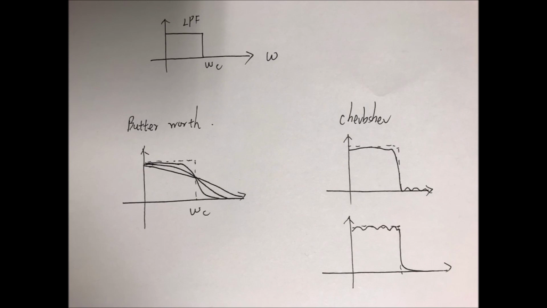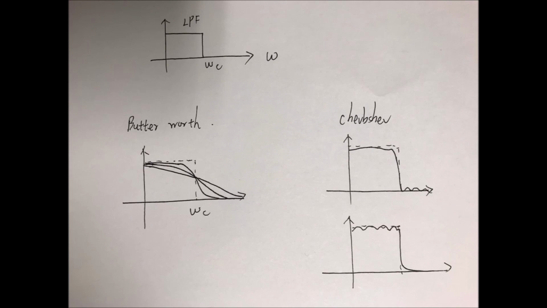Okay, so this is my low-pass filter, right? Any frequency less than the cutoff frequency can pass. Any frequency higher than omega c should be removed. The gain is 1. We call it the ideal low-pass filter. However, in real application, there is no such thing.